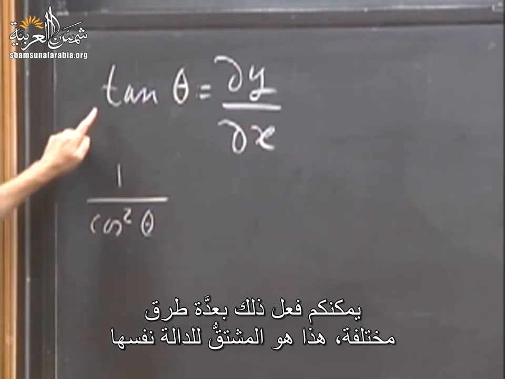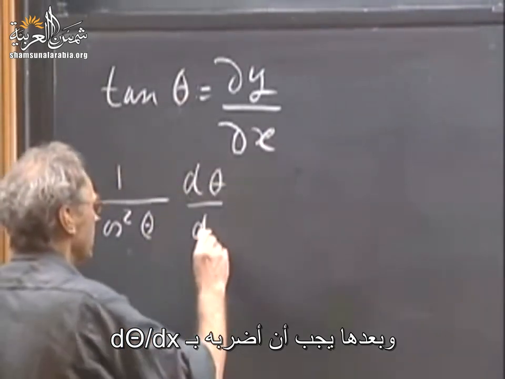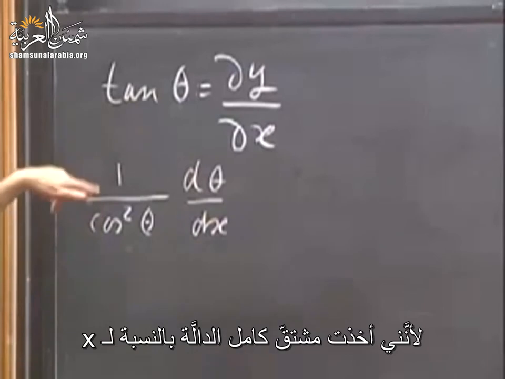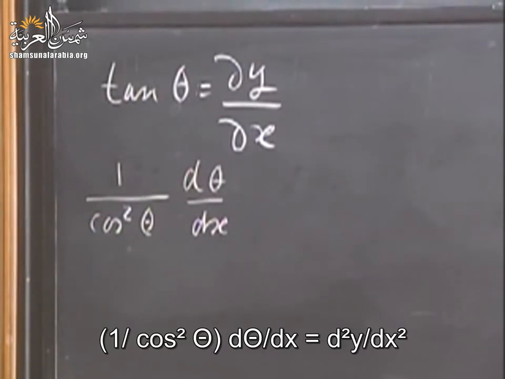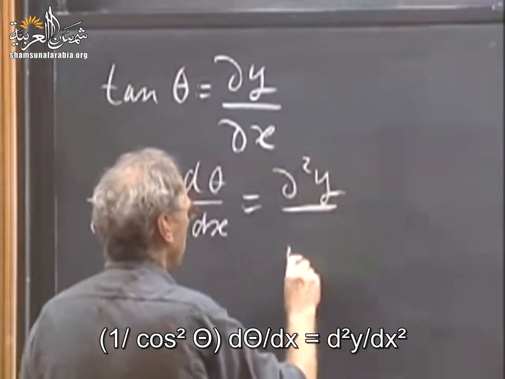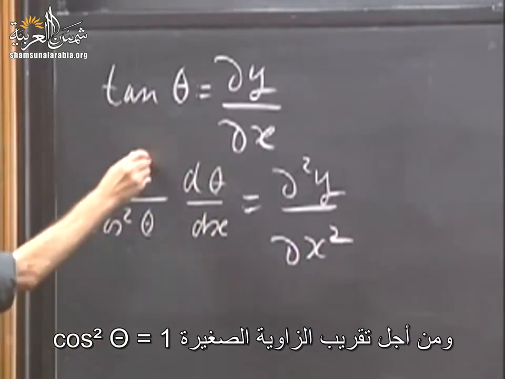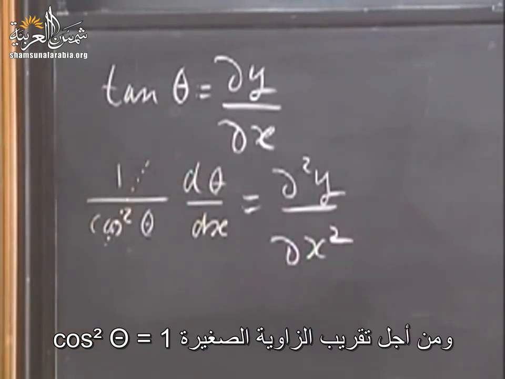So this is the derivative of the function itself. And then, of course, I have to multiply it by d theta dx, because I take the whole function derivative in dx. And so here I get then d2y dx squared. But for small angle approximation, cosine square of theta is 1.